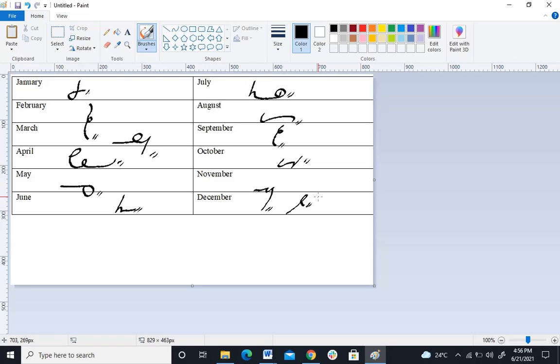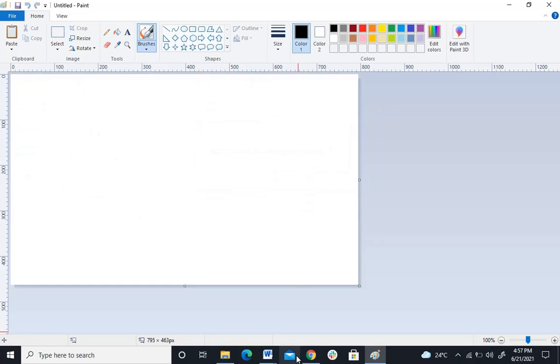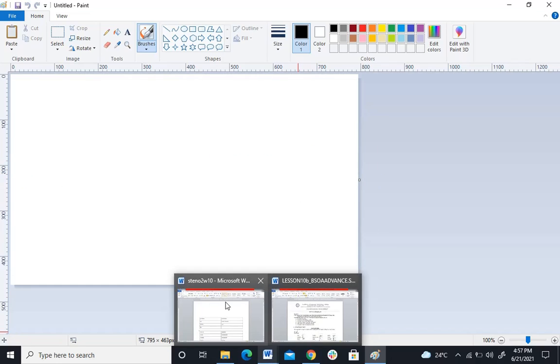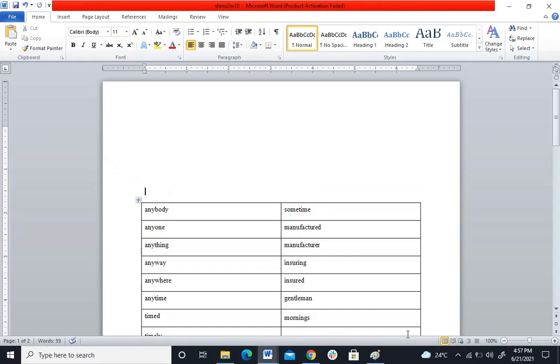Okay, so what's next? Next is another set of brief form. Okay, so we're going to transcribe or isusulat natin ang mga strokes ng ating brief form. So first we have gentleman.